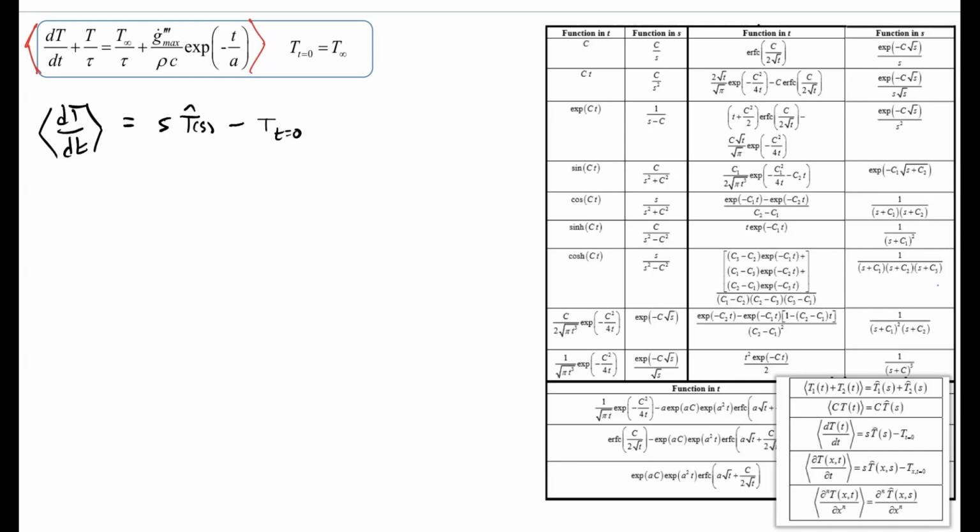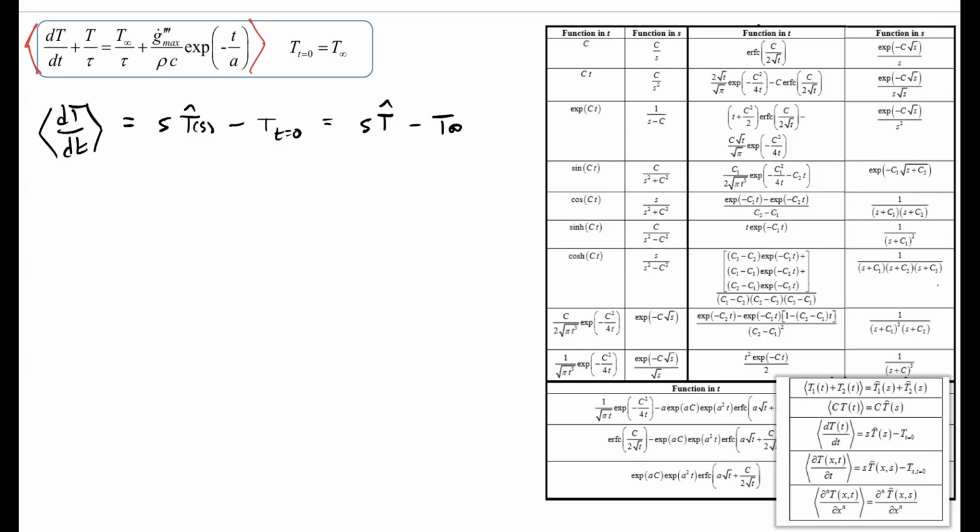Okay, so that's applying this one here to that particular term. So we have one more job to do to finish this. We need to decide what T at time equals 0 is. Well, that happens to be our initial condition, right? So actually what we have here is s T hat, I'm just going to drop the function of s there, minus T infinity.